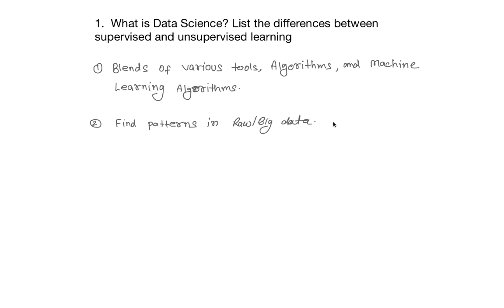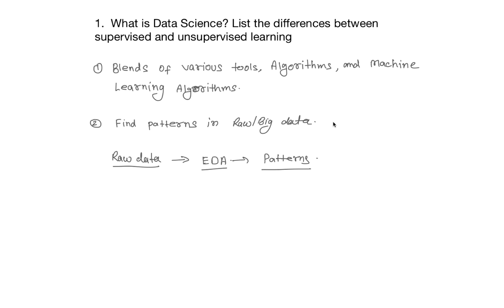Now let's see how it is done. For example, a data scientist has raw data, and then the data scientist does exploratory data analysis on this raw data. Then the data scientist tries to find the patterns visually, to understand what the pattern in this data is.